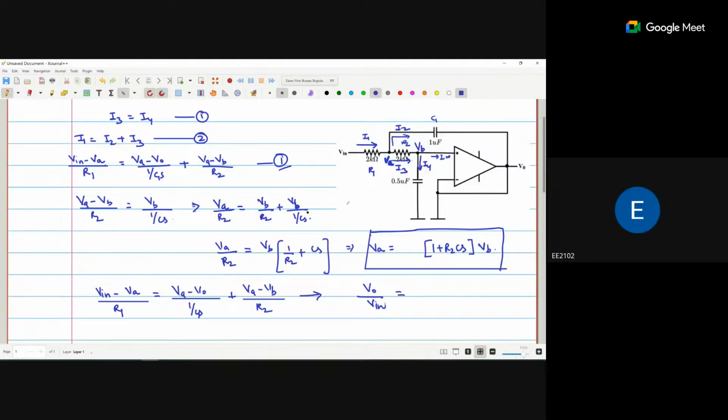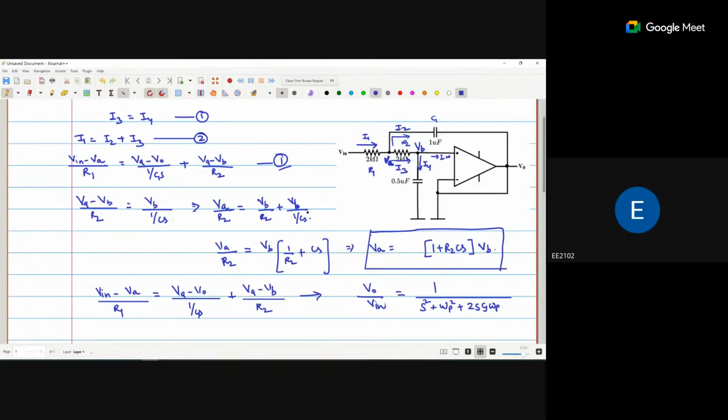Now if you know the second order equation, it will be written as s squared plus omega p squared plus 2 s zeta omega p.